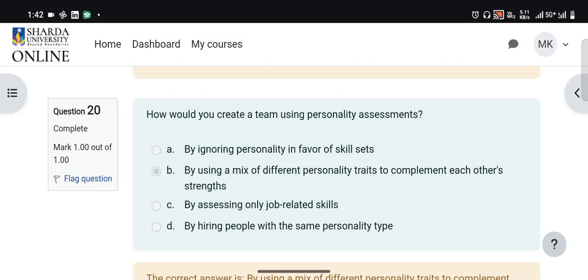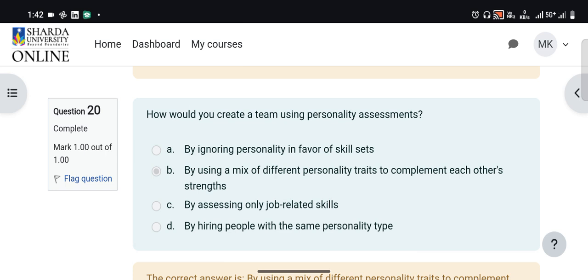Question number 20. How would you create a team using personality assessments? Option A, by ignoring personality in favor of skill set. Option B, by using a mix of different personality traits to complement each other's strengths.